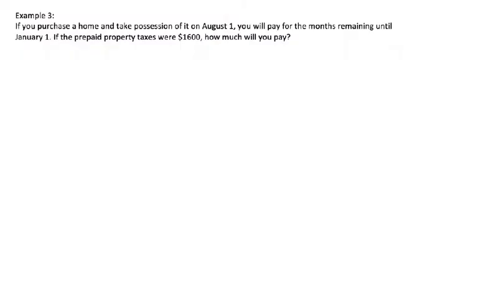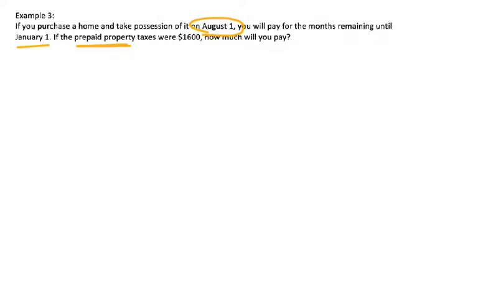One other cost that is associated with purchasing a home is the property tax that you have to pay. And if you take possession of the house throughout the year, you need to pay the portion of the tax that you are going to use the house for. Okay, so let's see, if you purchase a home and you take possession on August 1st, you will have to pay for the months remaining until January 1st, right?